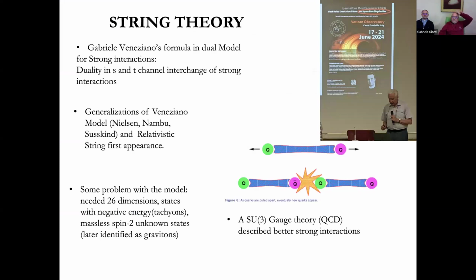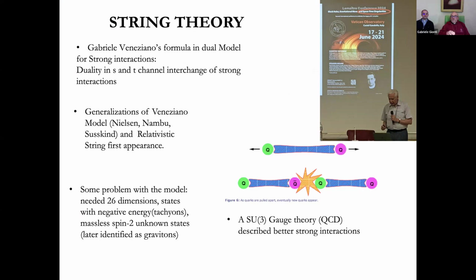Now, string theory. Gabriele Veneziano in 1968 introduced a model for strong interaction in which he introduced a function that was dual in the S and T channel. These are technical terms.